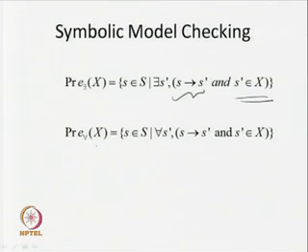And for pre for all x, we collect all states from the entire state space S where, for all s dash, if we have a transition from s to s dash, then s dash must belong to x. So for all, every transition must go to x, while for there exists, at least one transition must go to x. These two operators give me the predecessor states of a given set of states.